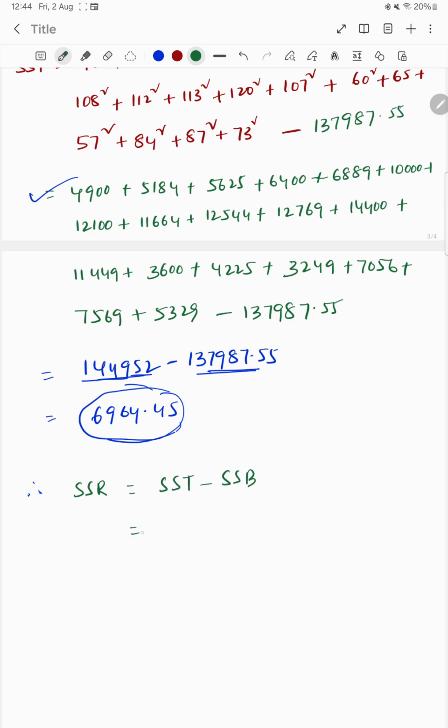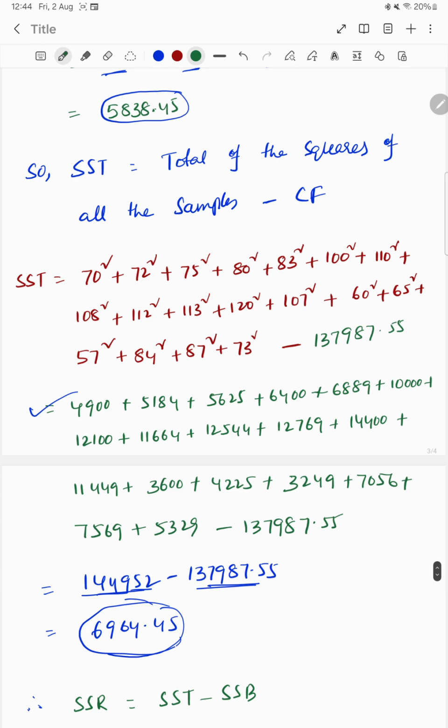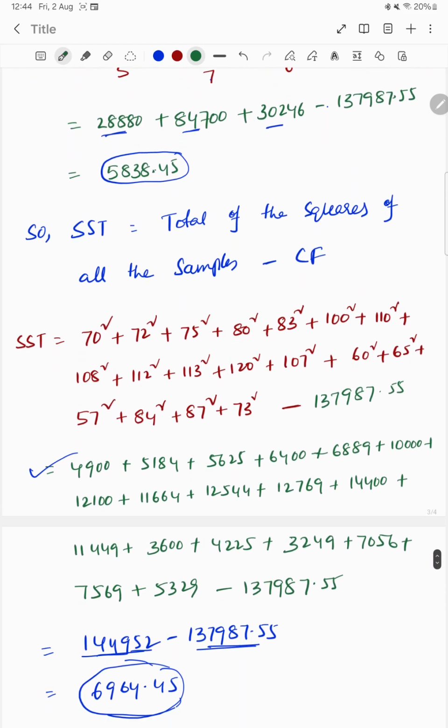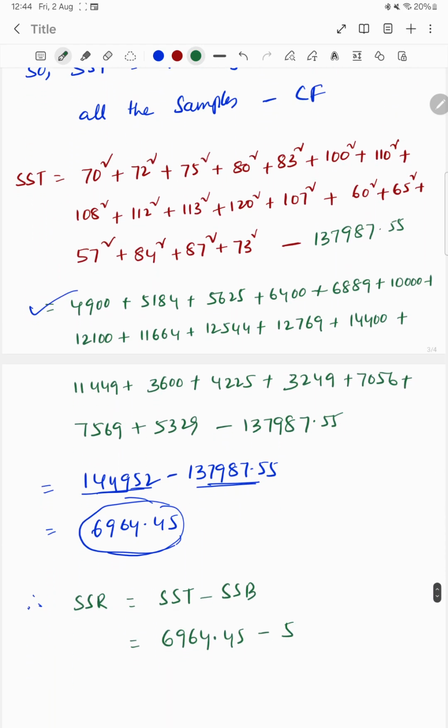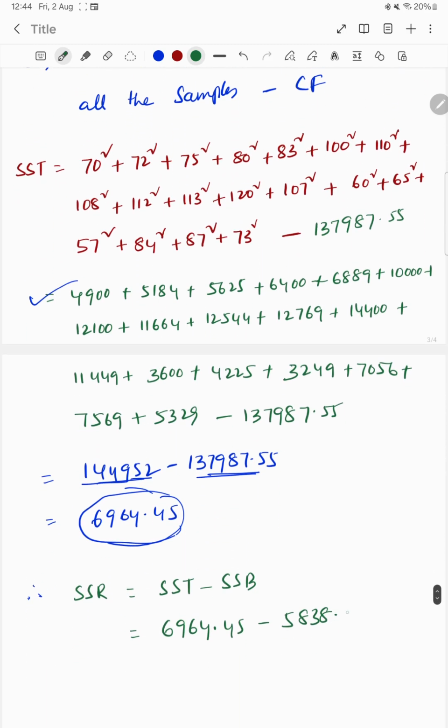So this implies 6964.45 minus SSB, and SSB is 5838.45.